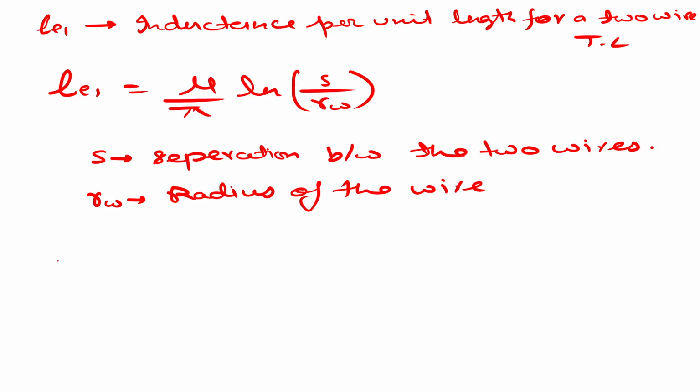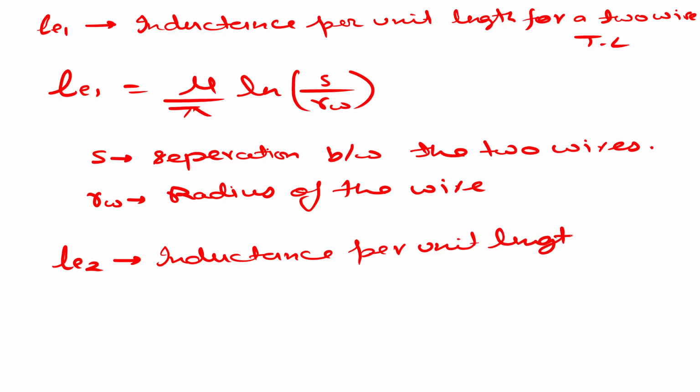And for case 2, Le2 denotes the inductance per unit length for a single wire transmission line above an infinite ground plane.